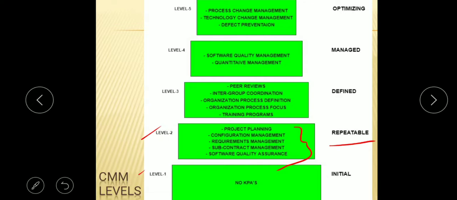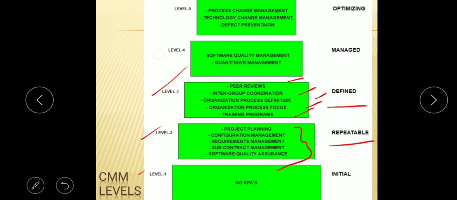At level 3, processes are characterized for the organization and are proactive. Projects tailor their processes from organization standards. It is also called defined. Reviews, intergroup coordination, organization process definition, organization process focus, and training programs are the parts of this level 3.